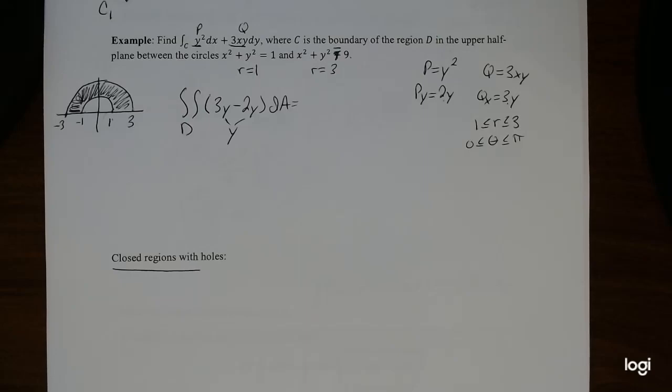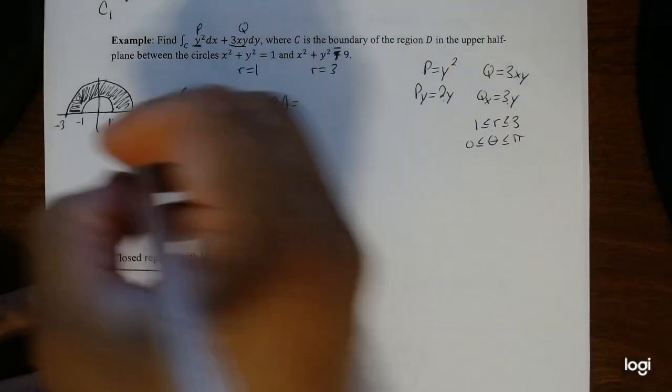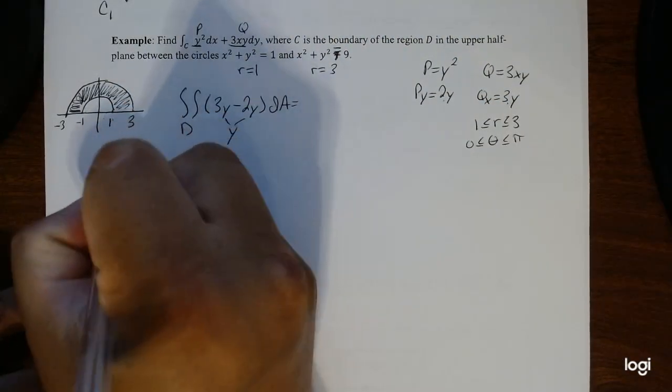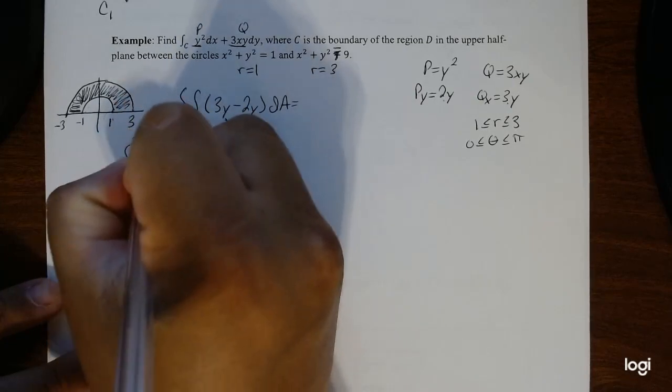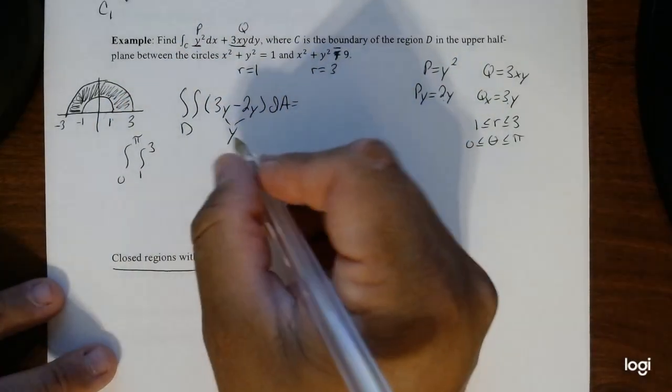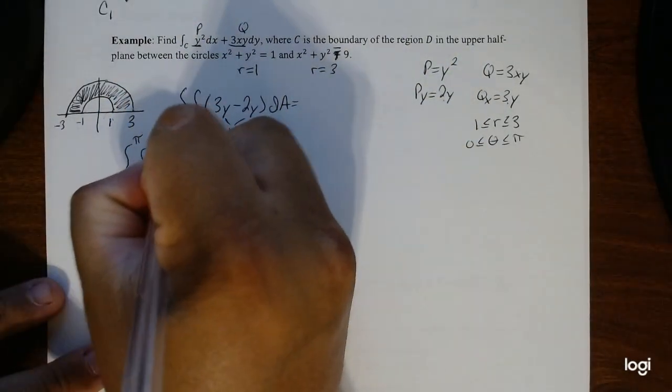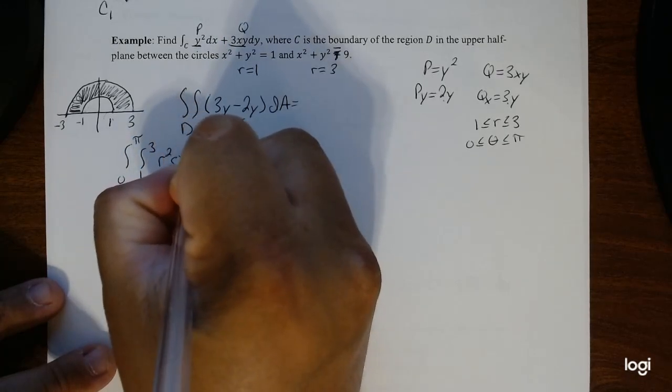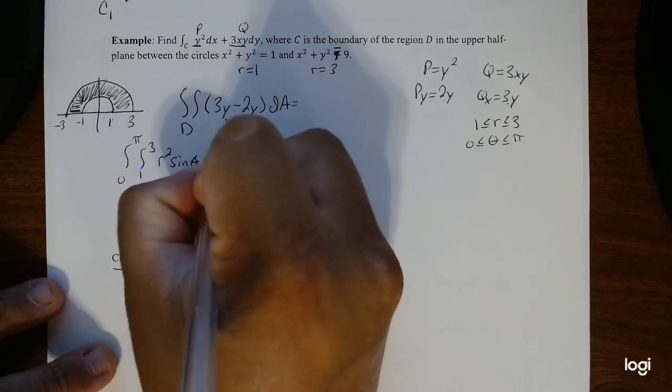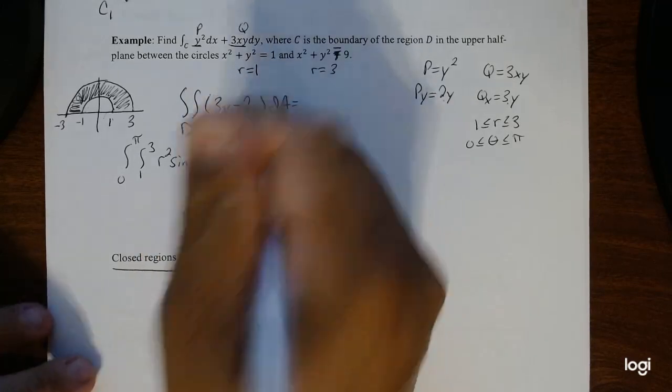Okay? So now converting everything to polar. So we're going to take the double integral, convert to polar, so y is going to be r squared sine theta dr d theta.